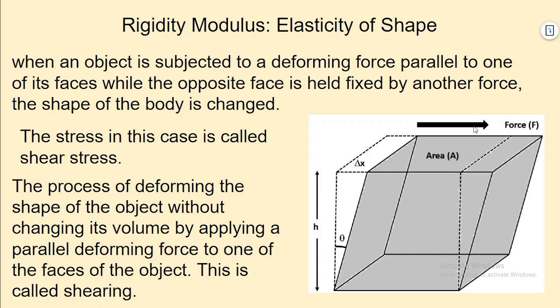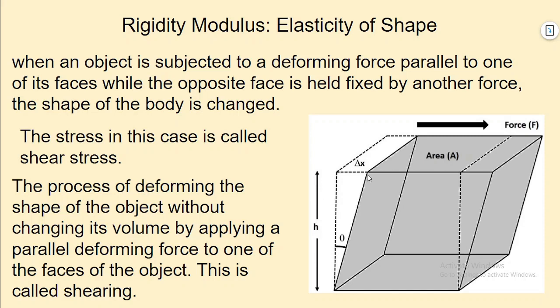For that, let us consider a rectangular block whose lower surface is fixed, and the area of cross section is A, that is, the area of the top surface is A, and we are applying a tangential force parallel to the top surface. As you can see in the figure, it is from left to right. So the top surface gets sheared.